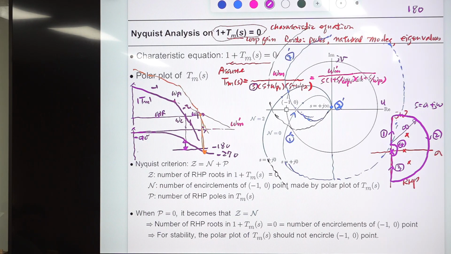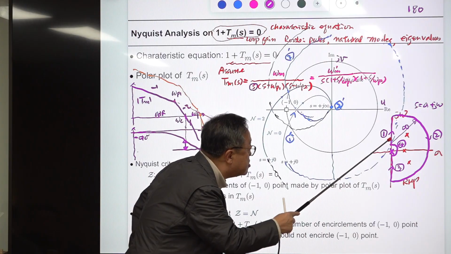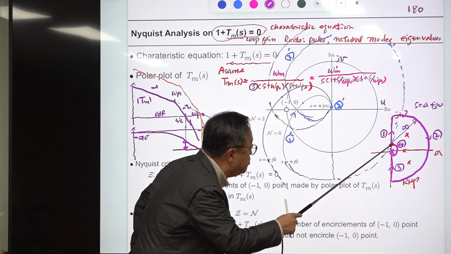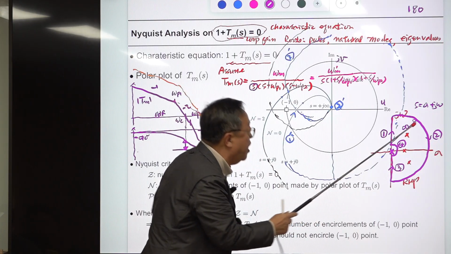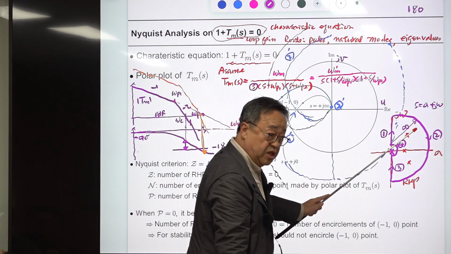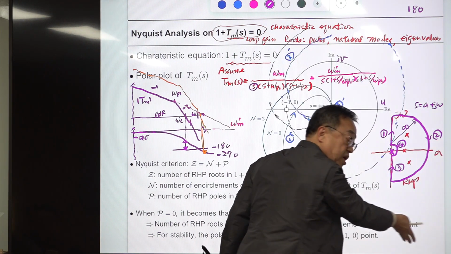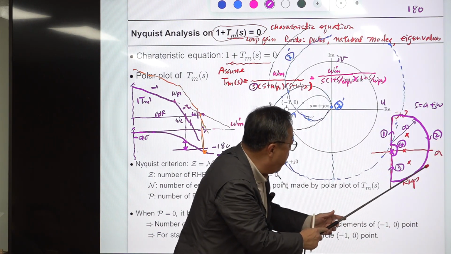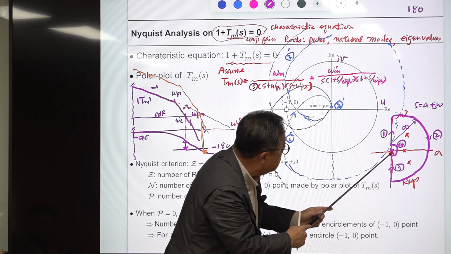Okay, two different planes. So you walk along this positive imaginary axis, and go around here, and the radius of this is infinity. Okay, so it covers the entire RHP of the S-plane, and come back along this and avoid this point, this origin.